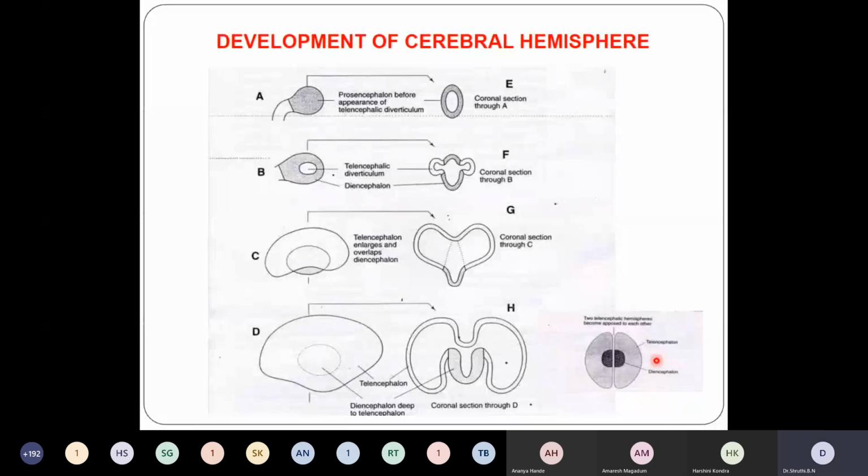And if you look at the development of the cerebrum, as I have told you, telencephalon and diencephalon are the parts of prosencephalon. The cerebral cortex grows in various directions. Ventrally it forms the frontal lobe, dorsally the occipital lobe, laterally the parietal lobe.